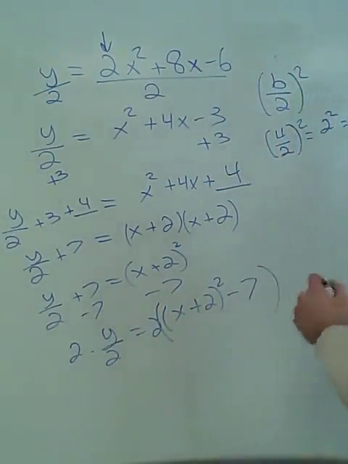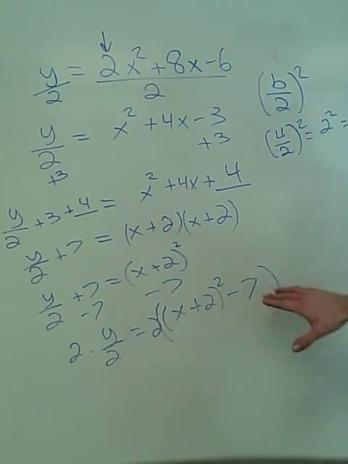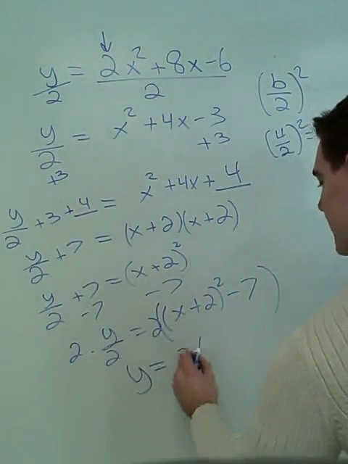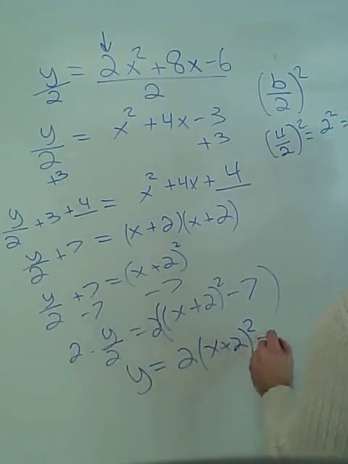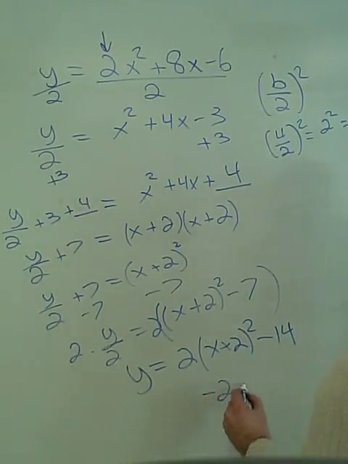Now when we multiply the right side by 2, the biggest thing people forget is they'll just multiply the first term by 2, like I almost did there for a second. But when you multiply everything by 2, you got to hit the 7 as well. So the actual answer is y equals 2 parentheses x plus 2 squared minus 14. And the vertex, if we're familiar with our vertex form, is just -2, -14.